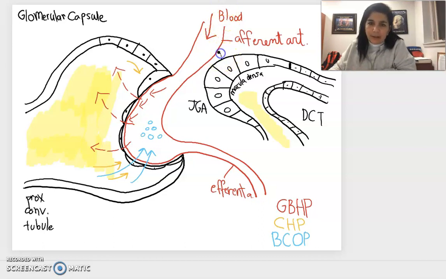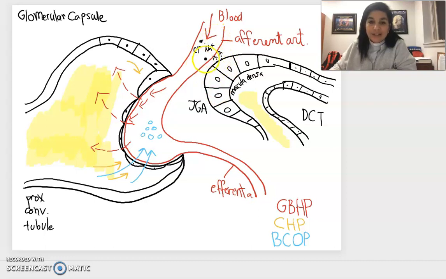So maybe I can draw this arrow to show you that there is some kind of monitoring going on. Here I'll draw chloride ions, sodium ions, water. So this is what they're monitoring.